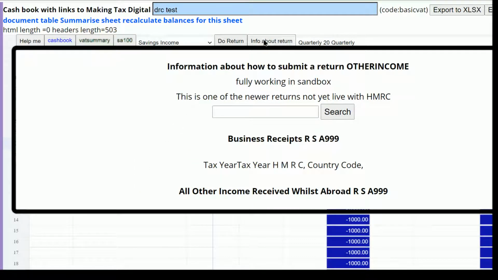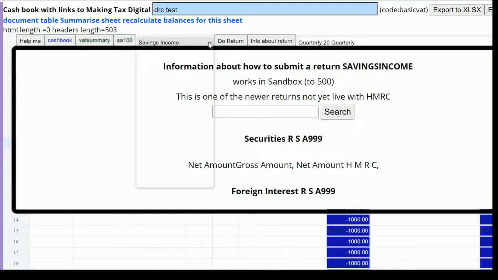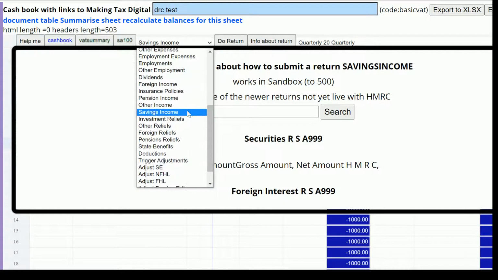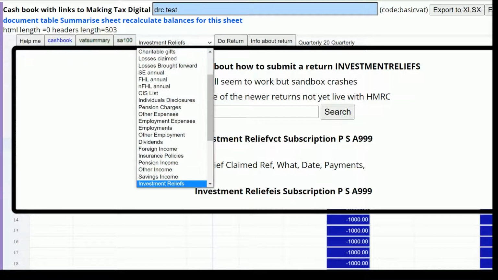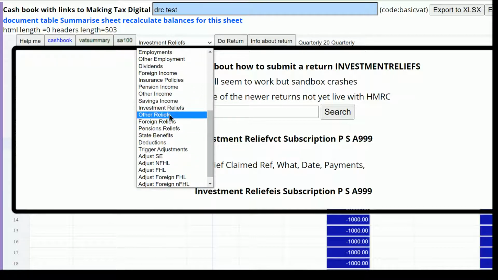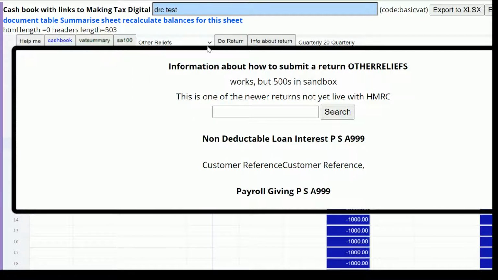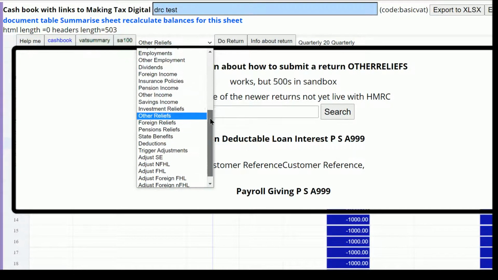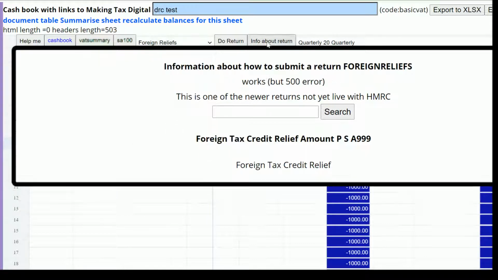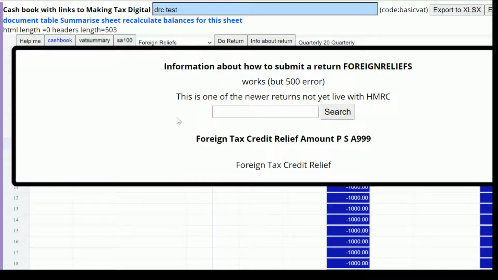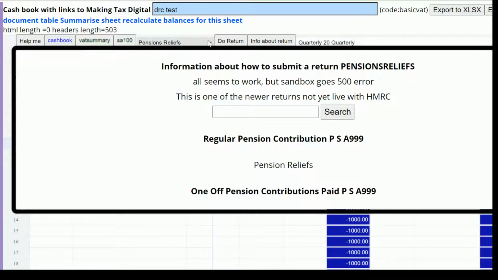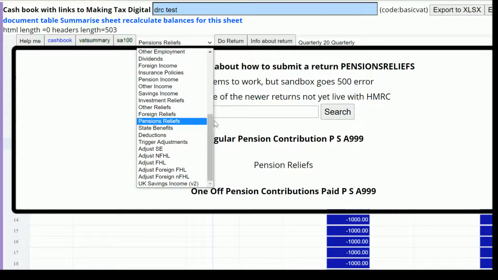Savings income, that's foreign savings. Investment reliefs, venture capital trusts and that sort of thing. Other reliefs. Foreign reliefs. Pensions reliefs, so if you paid into a pension, when you claim back.